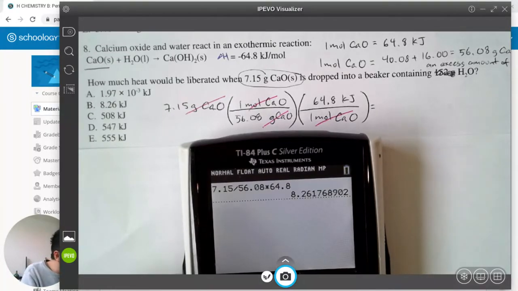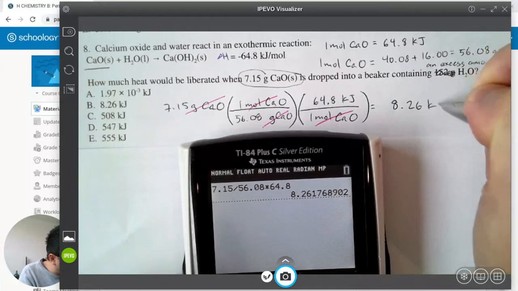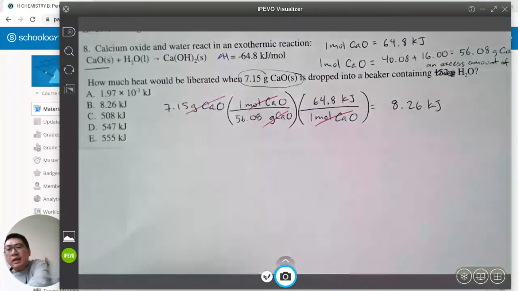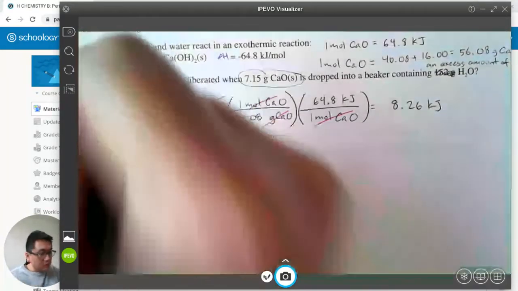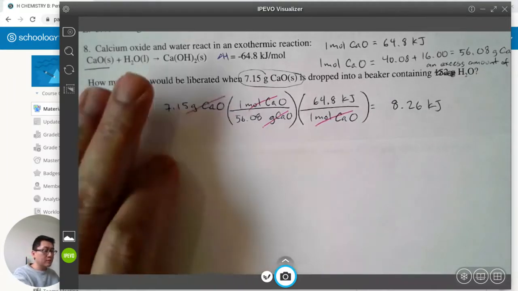And on my calculator, I got 8.26 kilojoules of heat. In other words, this is multiple choice, this one would be B. Okay, so this was another one of these thermochemical stoichiometry problems. I want to do another type. Move this for a second.